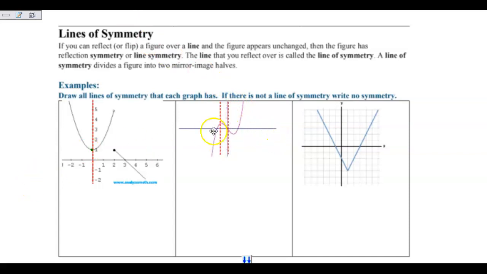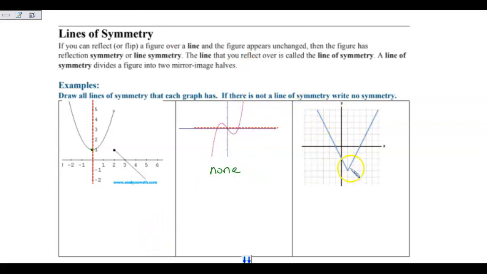There, again, it's not going to be a mirror image. So what's occurring here is that I do not have a line of symmetry. I could even do a horizontal line, and if I take this and I flip it over, it's not going to be exactly the same. It'll be like the opposite. So this one has no line of symmetry.